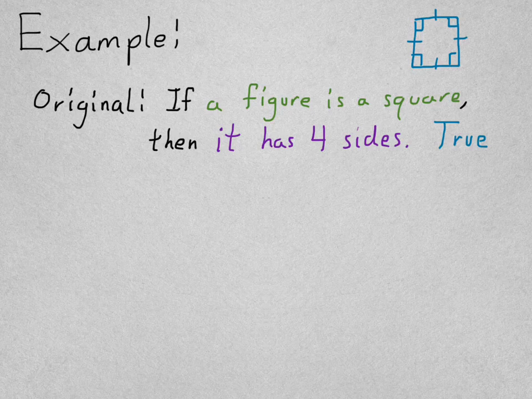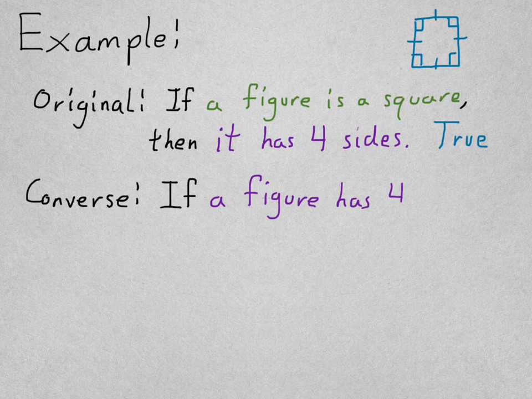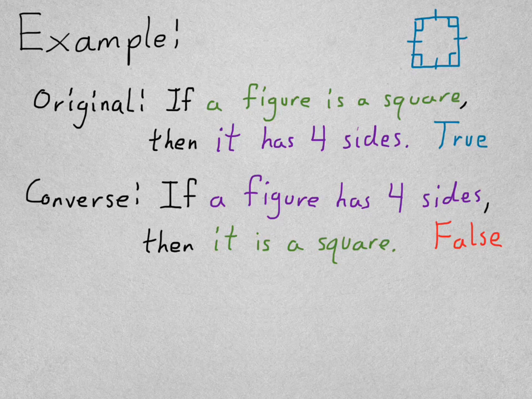If it's a square, we know it has 4 sides. Let's write the converse. The converse is, if a figure has 4 sides, then it is a square. We switch the 2 parts of the sentence again. Is that one true or false? That one is false. Just because it has 4 sides doesn't mean it has to be a square.